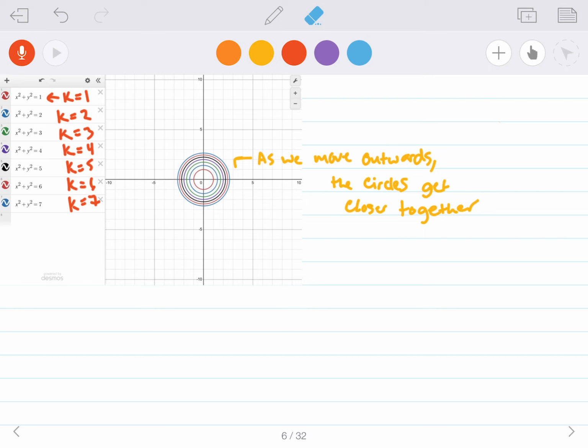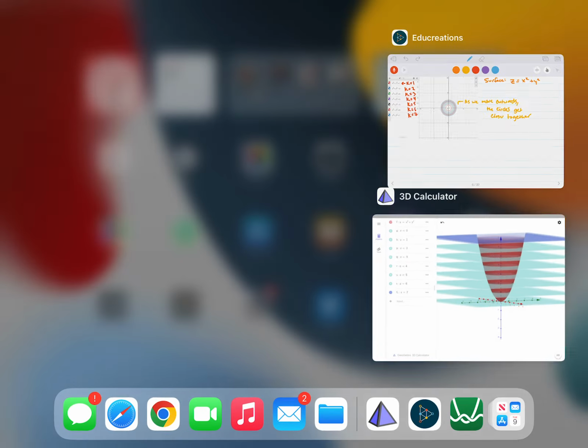So again, these are just the contour lines, but our actual surface in 3 dimensions is z equals x squared plus y squared, right? And we're setting various values of z to constant numbers to see what these cross sections look like.